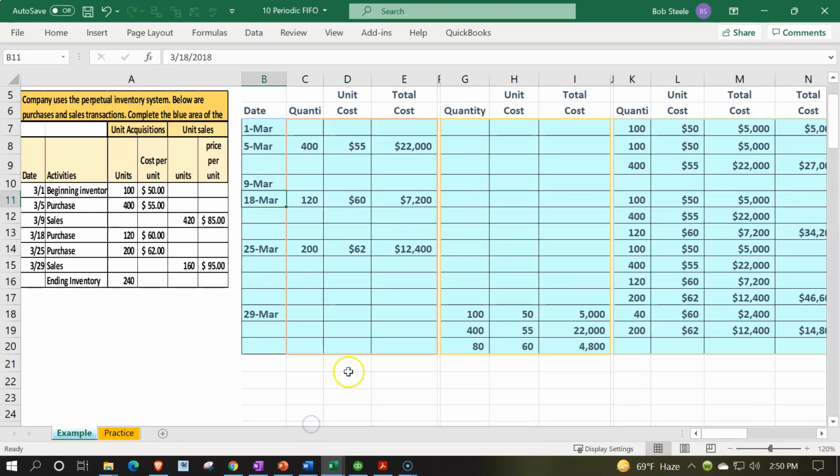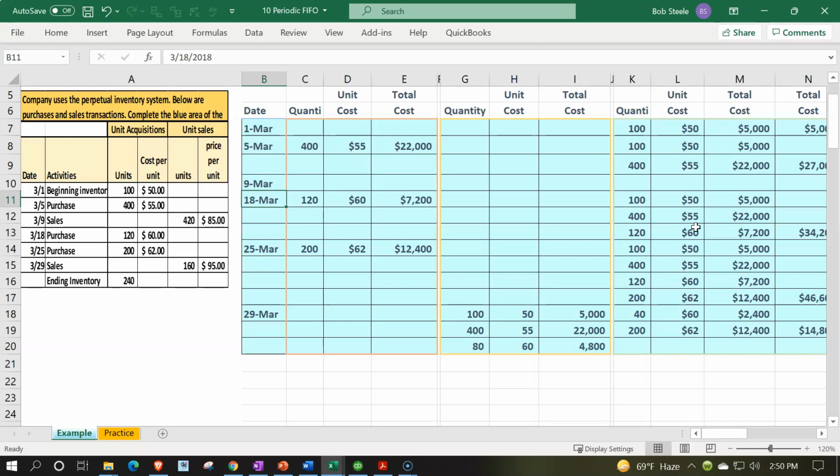You might then have the same set of data, but you're going to record the purchases, the increases as they increase, and then you're not going to be recording the decrease in the inventory each time you enter an invoice or you make a sales receipt, but rather you will wait till the end of the period.